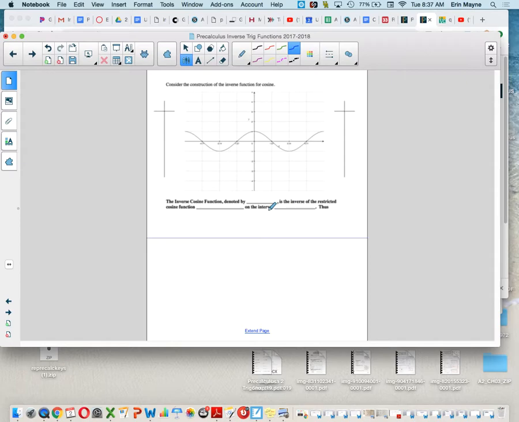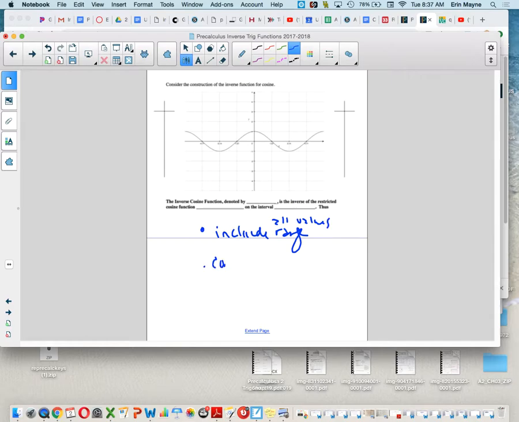Okay, I'm hearing it all over the place. First quadrant, passes the horizontal line test, includes all the values of the range, and is continuous. Say it. From 0 to pi. Okay, so I want to start to clarify. There are 4 rules, so write them down. I need to choose a section that includes all the values of the range.